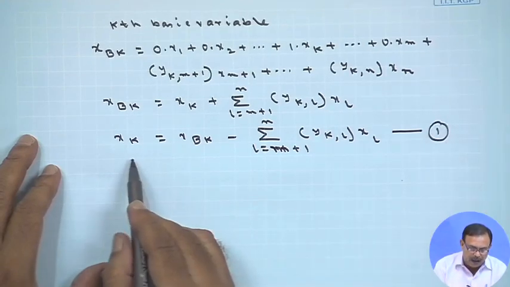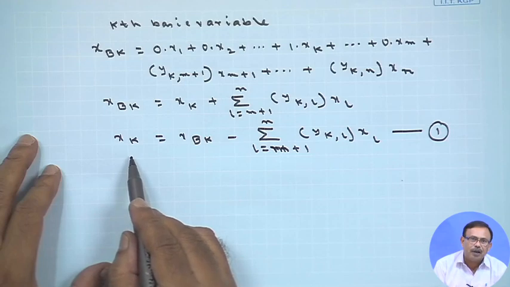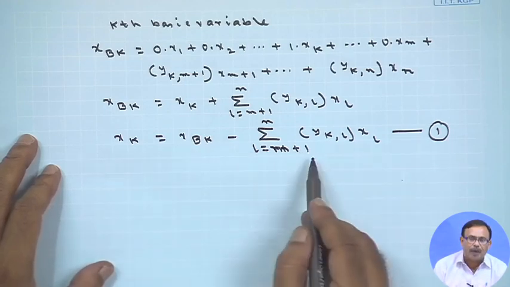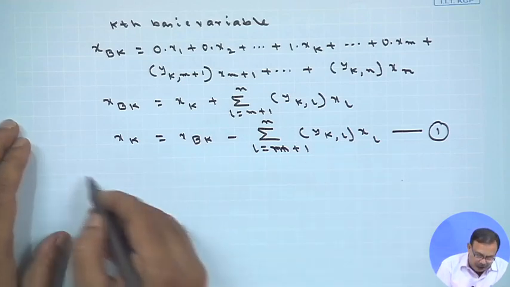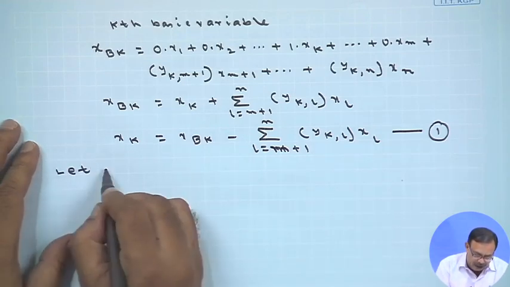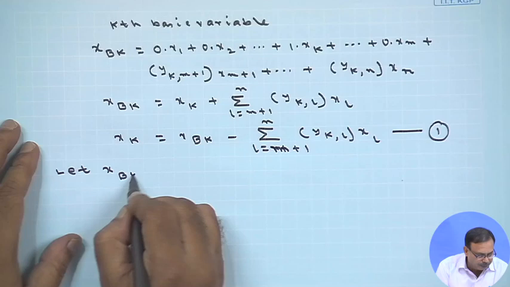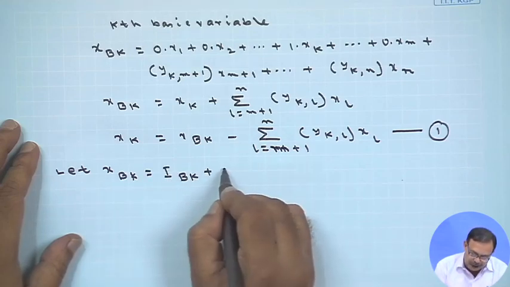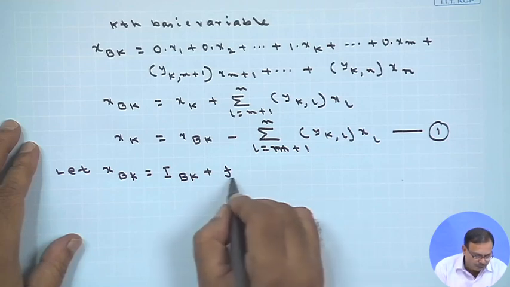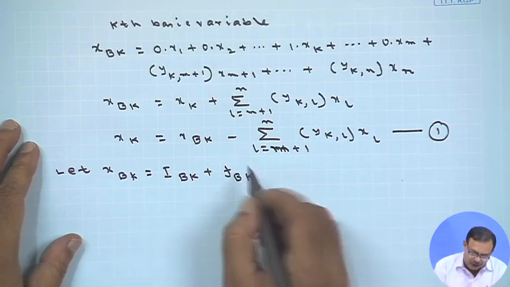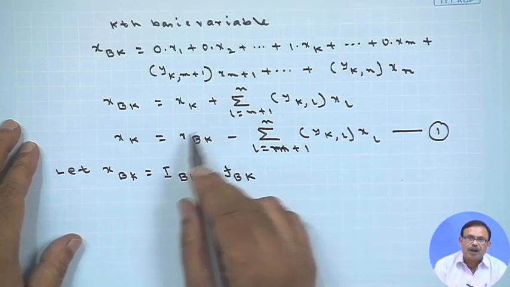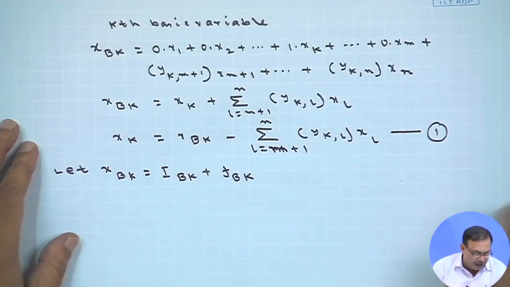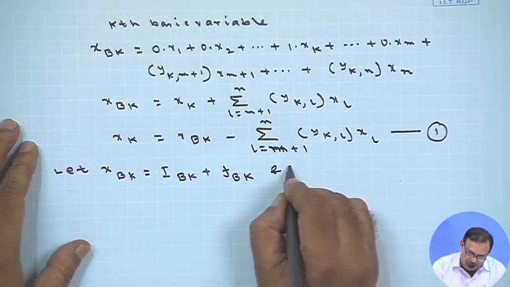So, the variable xk is non-integer, which we have written as xBk minus this quantity. Now, let xBk equal iBk plus fBk. It has two components, basically xBk and this ykl.